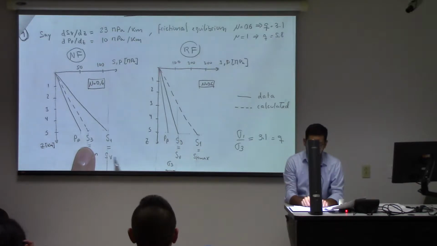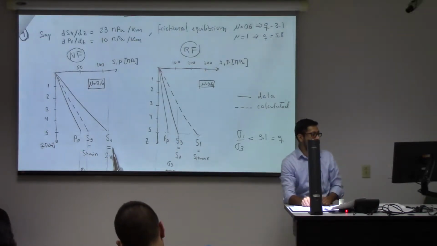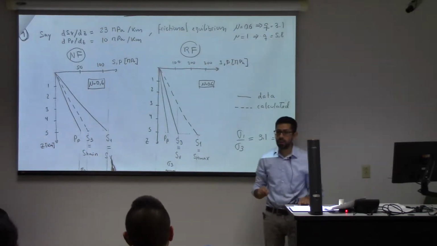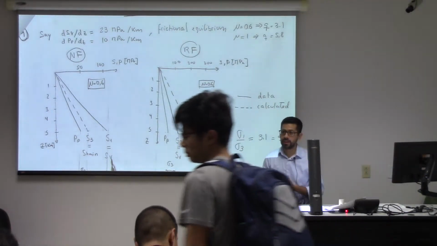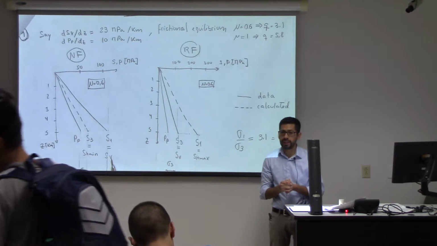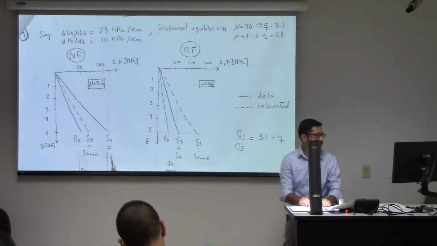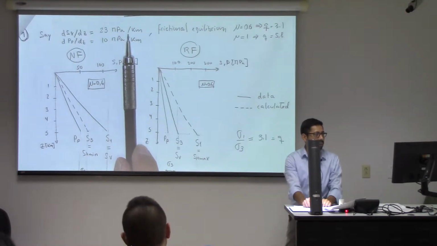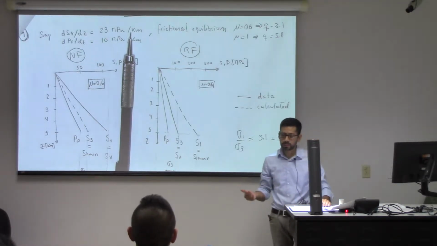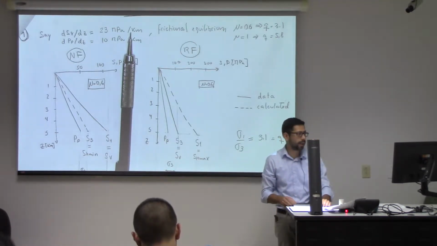So in this case, as we always do, the first thing that you have to do always is to calculate the vertical stress. The vertical stress is relatively easy to calculate. It's just the gradient of vertical stress that, for example, if you were doing a real problem, you will do from the well logging data.